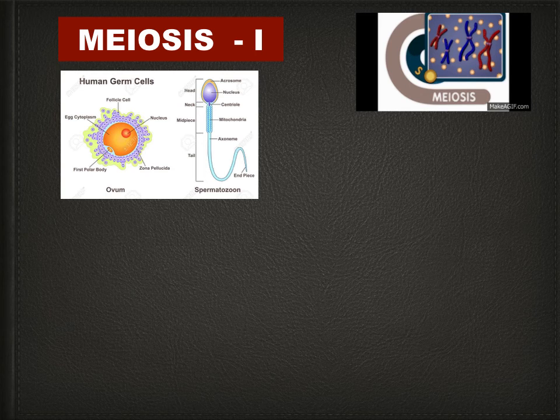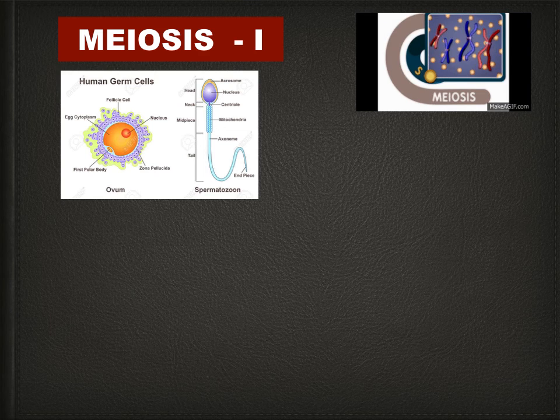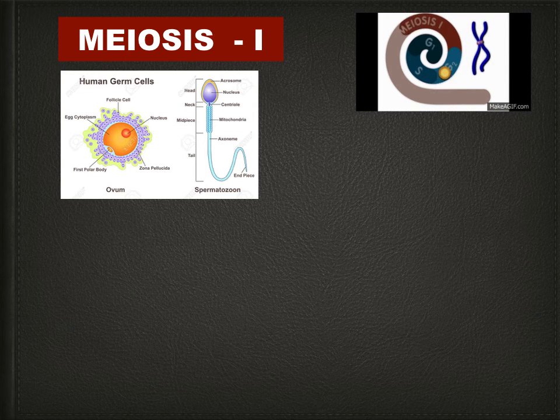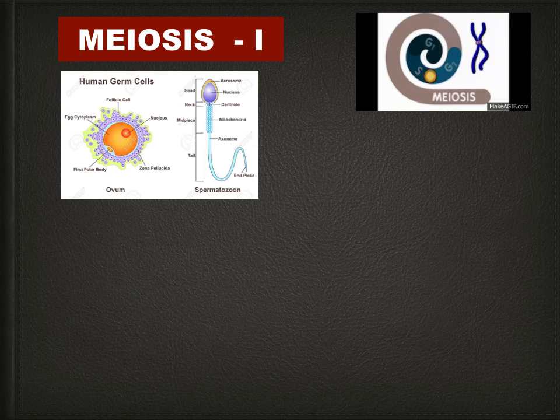Before the cell goes through meiosis stage, there is a preparatory phase called interphase. Here the cell goes through 3 phases, namely G1, S and G2 phase, in order to prepare for actual cell division. What happens in this phase is the genetic material replicates.